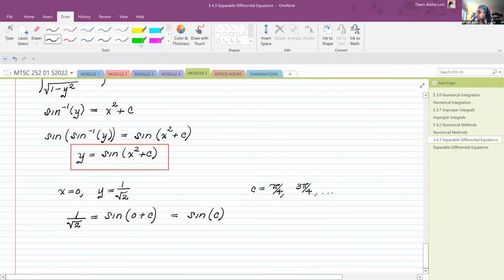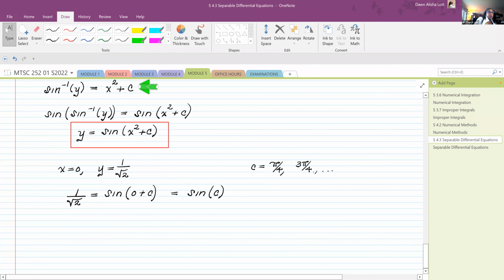Well, if we go back to the part of the problem where we had the sine inverse of y, and take the sine inverse of 1 over the root of 2, that gives us pi over 4, because the sine inverse function only gives you values between negative pi over 2 and pi over 2.